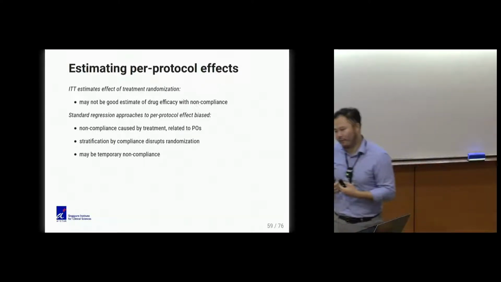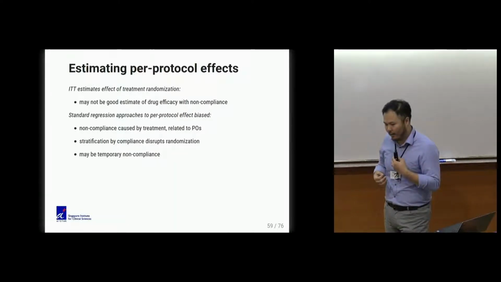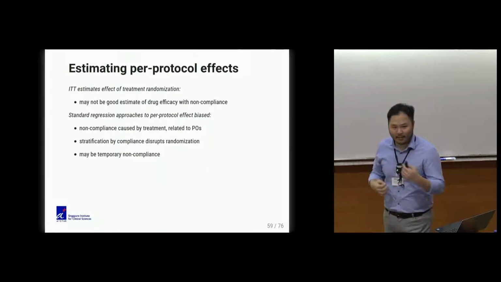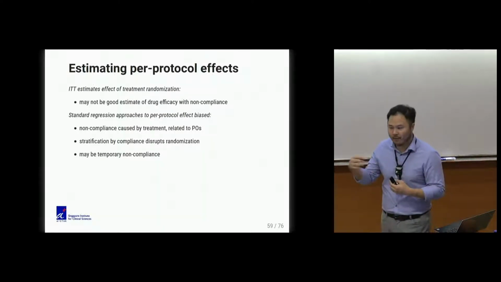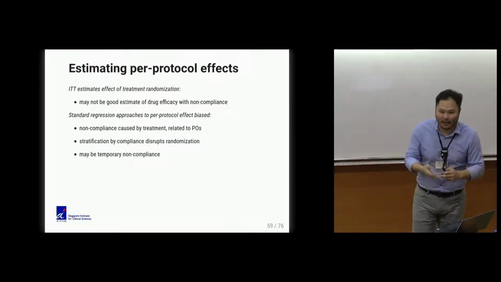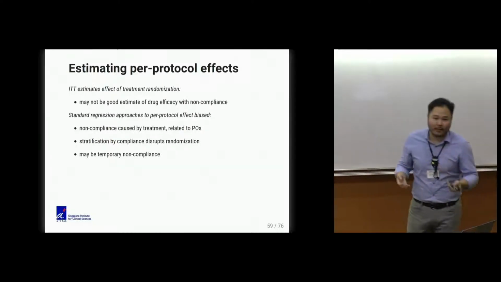That works if, for example, the treatment assignment ensures that everybody takes the treatment and ensures that doesn't change. Everyone is followed up consistently. There's no crossover. There's no lack of compliance, which basically never happens in practice.